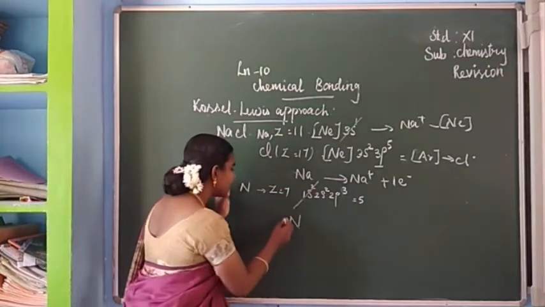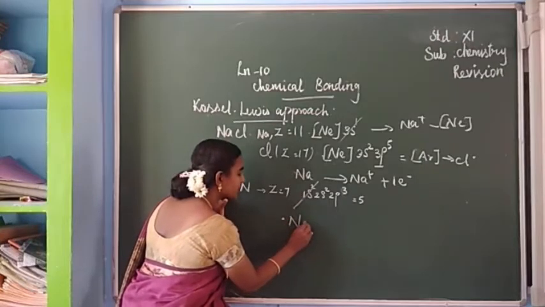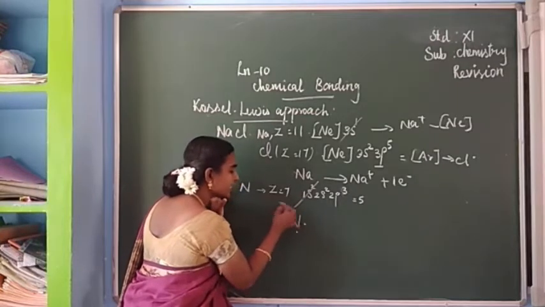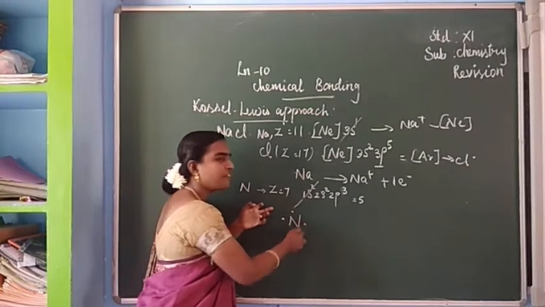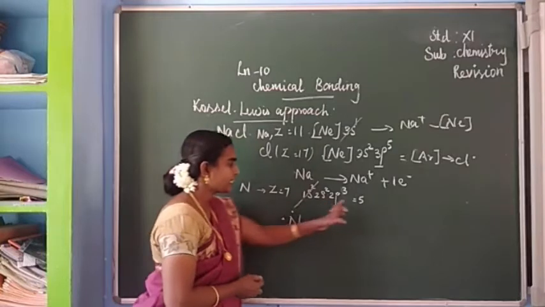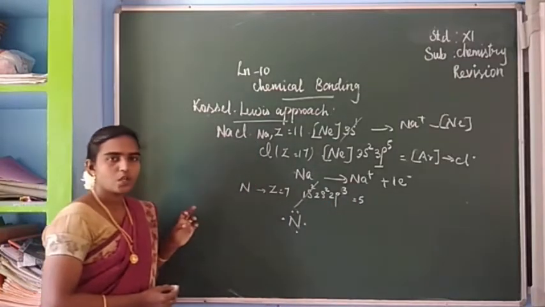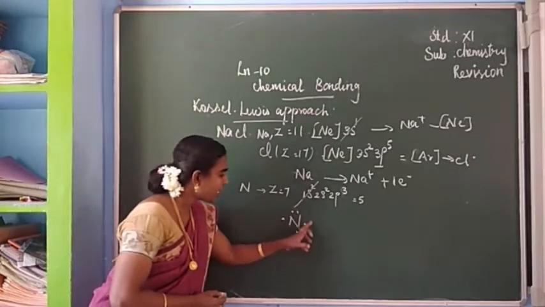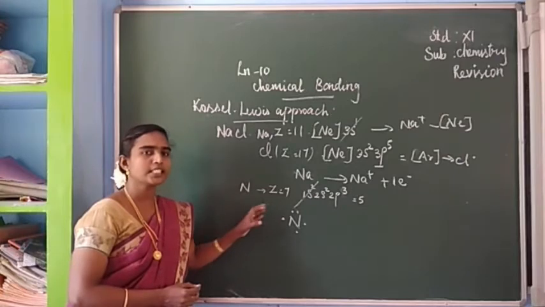So these 5 electrons should be drawn like this: 1, 2, 3, 4. After writing these 4 dots, we have to start pairing, that is, the fifth electron is taken in a pair form. This is the model given by the Lewis structure, the Lewis structure for a single atom.